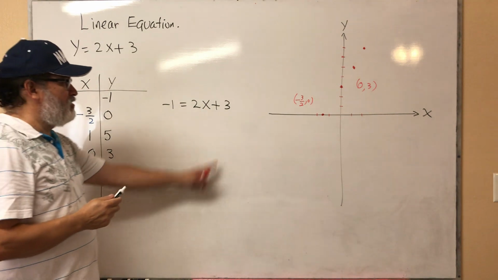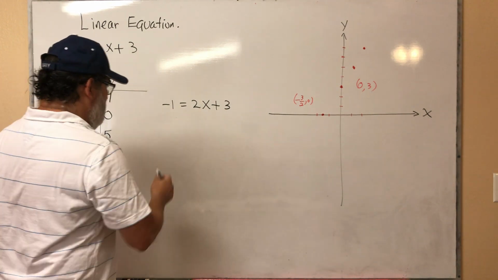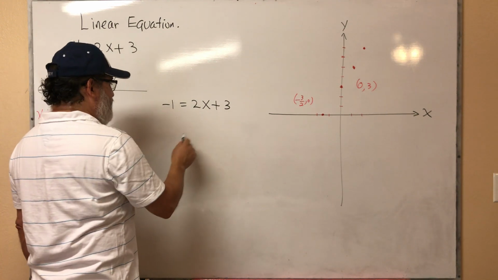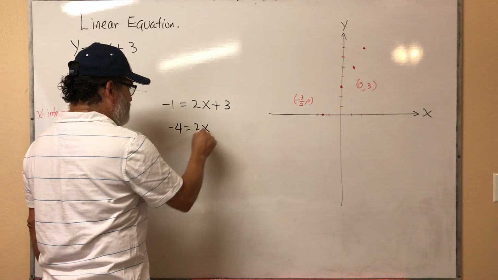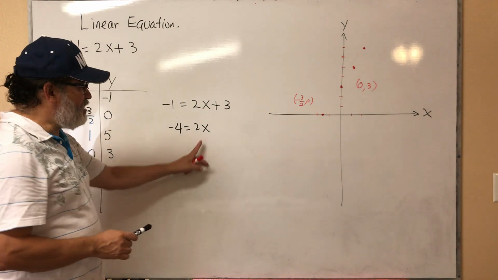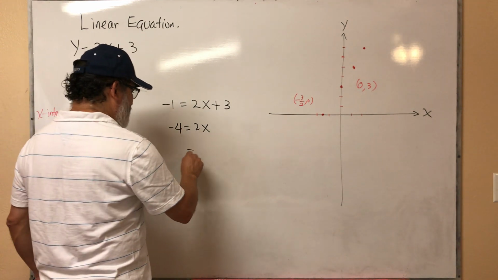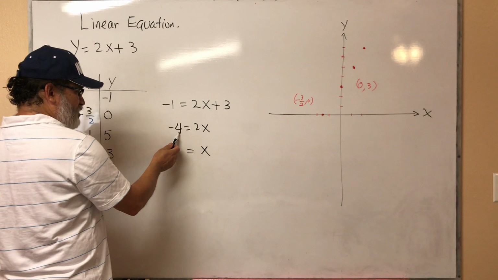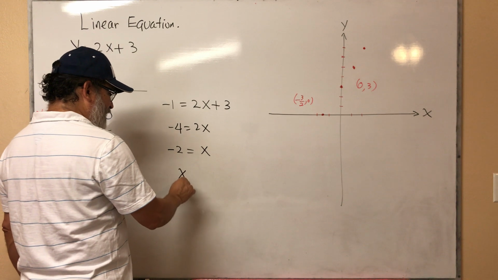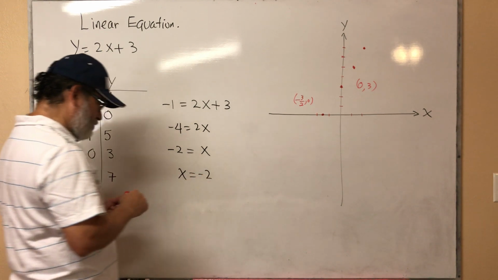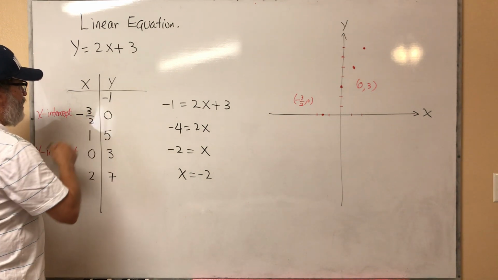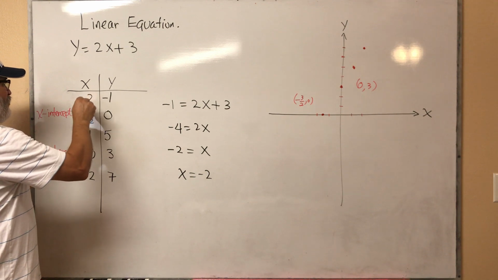Solve for x. Subtract 3. What's -1 minus 3? -4 equals 2x. What's the next step? Divide both sides by 2, and we get x equals -2. So when y is -1, x equals -2.